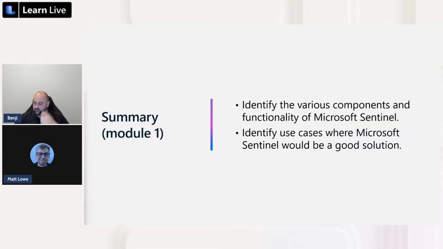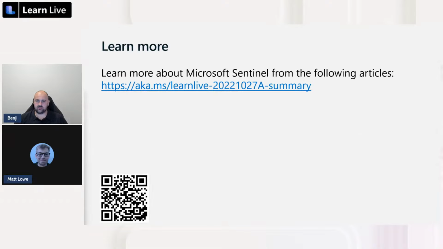So in this module, we identified the various components and functionalities of Microsoft Sentinel, and a few of the use cases that can be really good when you are thinking about utilizing Microsoft Sentinel.